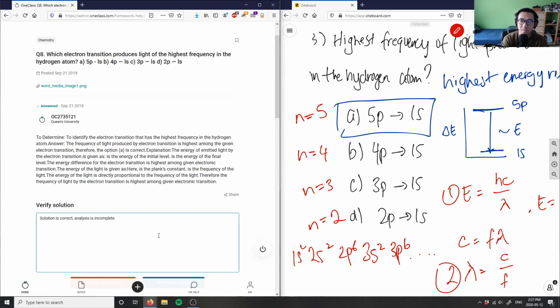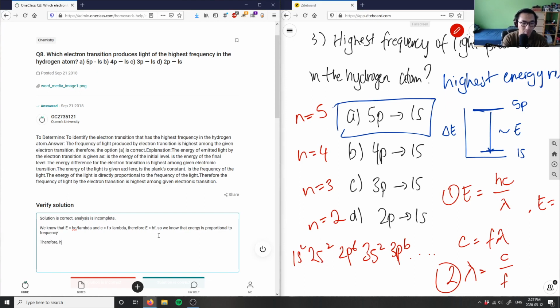And I'm going to basically state here: we know that E equals hc over lambda, and we know that our speed equals our frequency times lambda. Therefore, E equals h times f. So we know that energy is proportional to frequency.